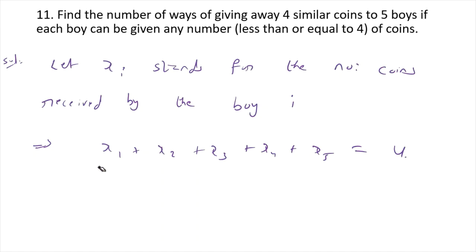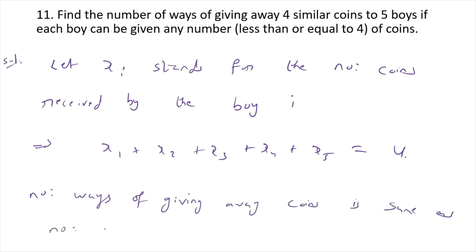So solving this question is the same as finding the number of non-negative solutions of this equation. The number of ways of giving away coins is the same as the number of non-negative integer solutions of x1 plus x2 plus so on up to x5 is equal to 4.